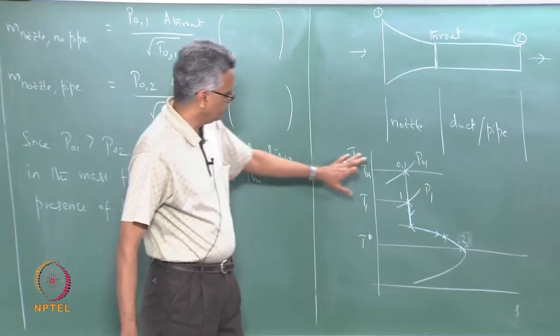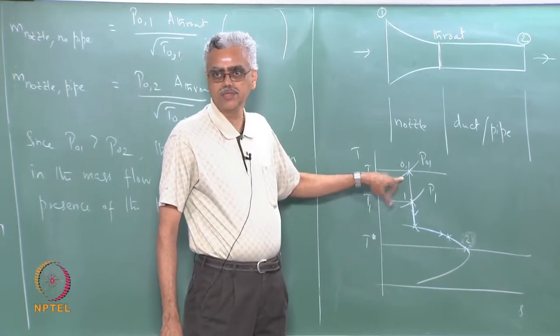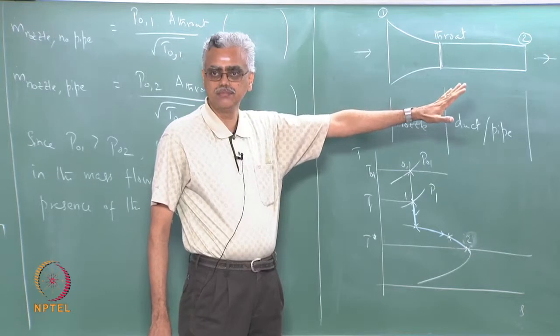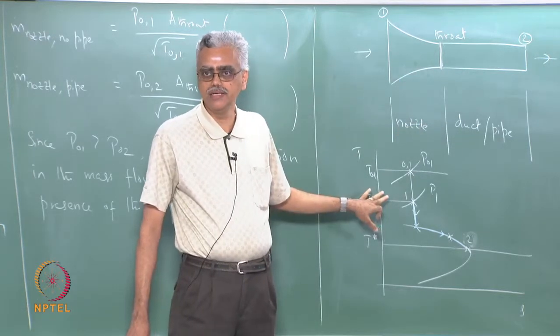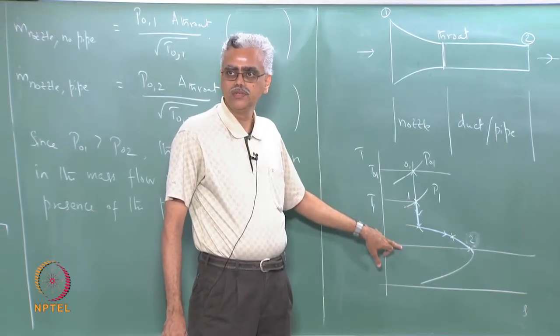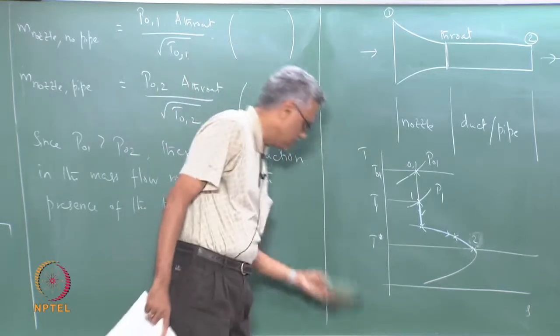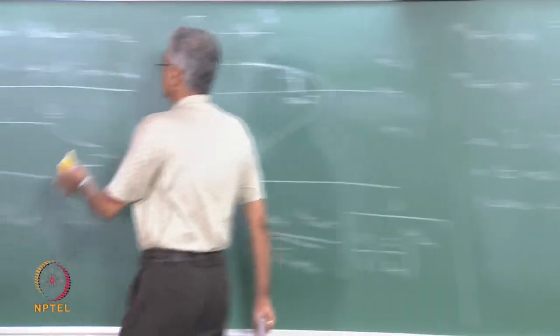But keep in mind that for a given value of stagnation pressure, ambient pressure remaining the same, if the pipe had not been there, then most likely the nozzle would be choked. So let us make the following statement.